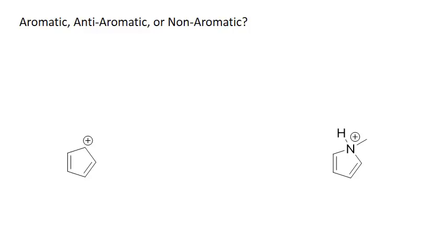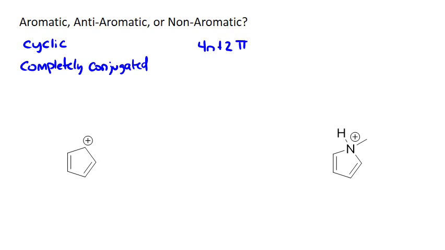And just to quickly review the criteria for aromaticity, the molecule must be cyclic, it must be completely conjugated, it must have 4n plus 2 pi electrons, and it must be planar. If it's not cyclic, it's not completely conjugated, or not planar, it will be non-aromatic.